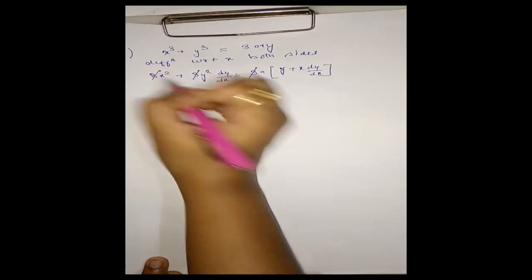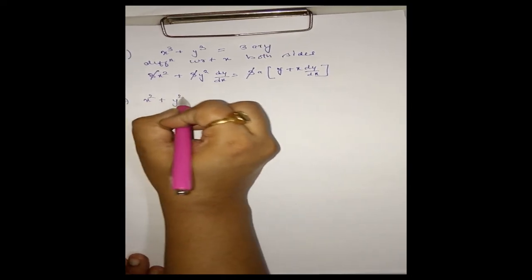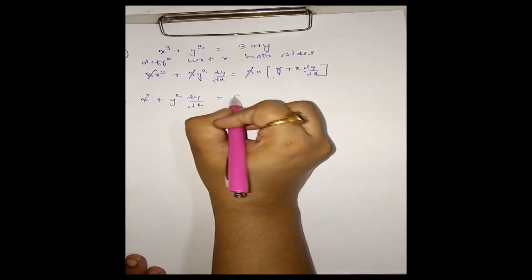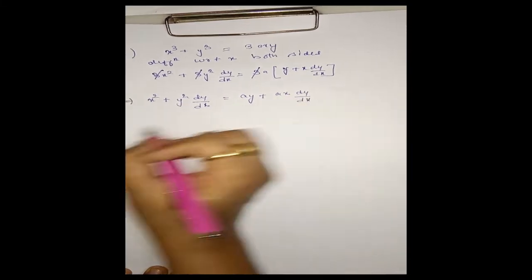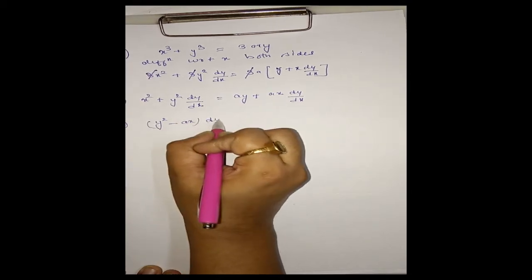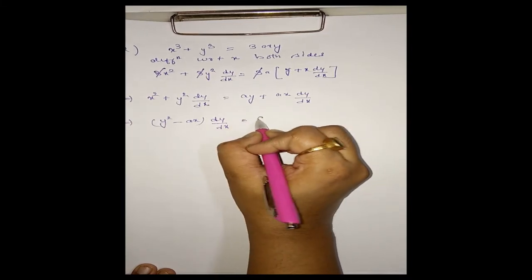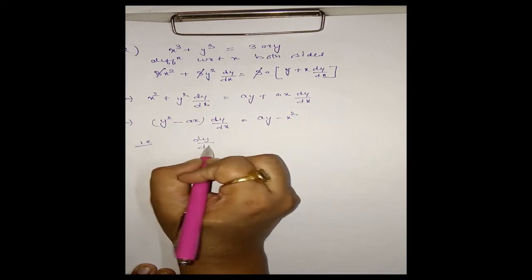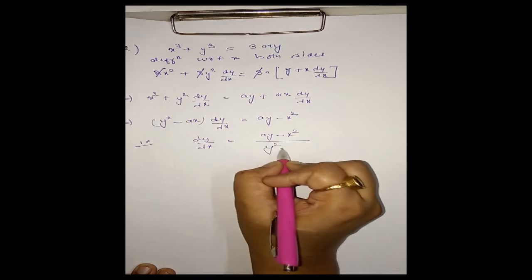This will get cancelled out. This is x² + y² dy/dx = ay + ax dy/dx. This is (y² - ax) dy/dx = ay - x², that is dy/dx = (ay - x²)/(y² - ax).